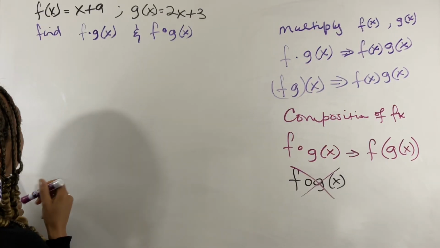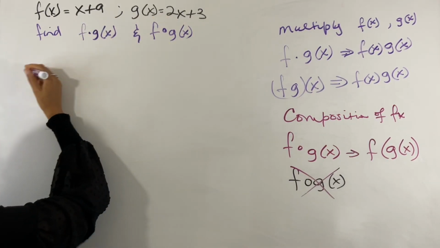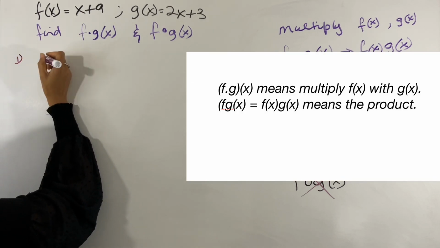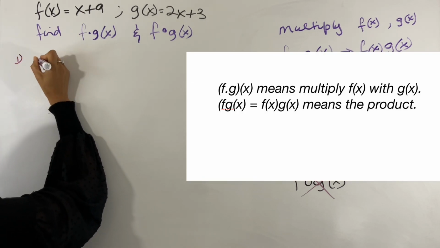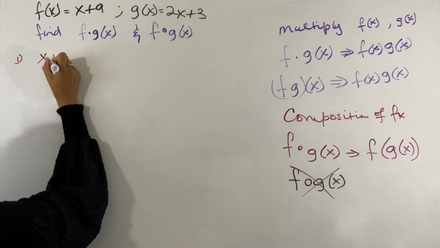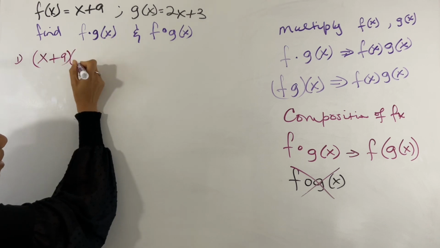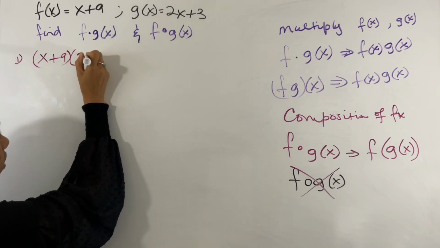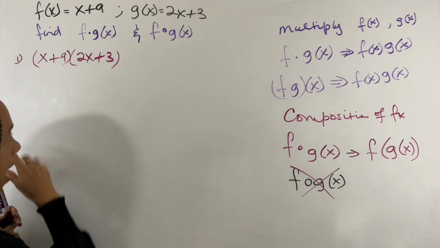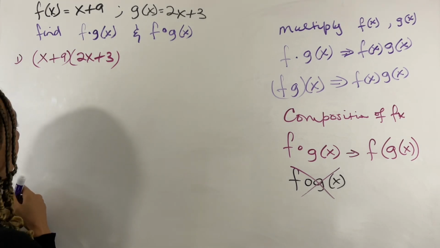If we are multiplying these two functions, f and g, for number one here, we are going to write what they are: x plus 9, use parentheses, and then multiply it with 2x plus 3. Now, this is pretty simple and easy with multiplying binomials.